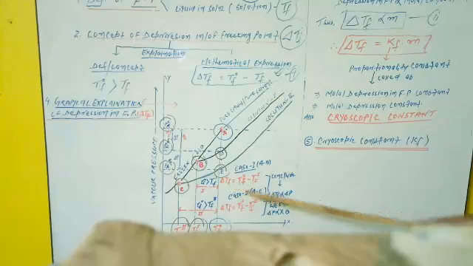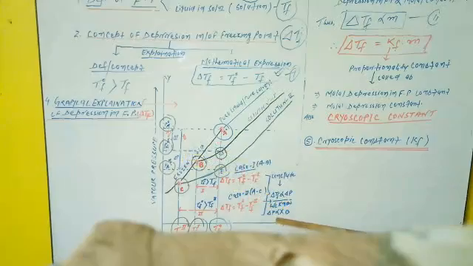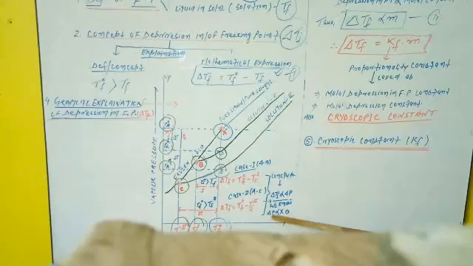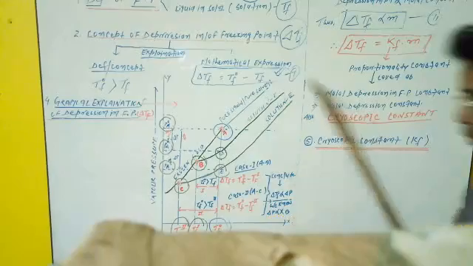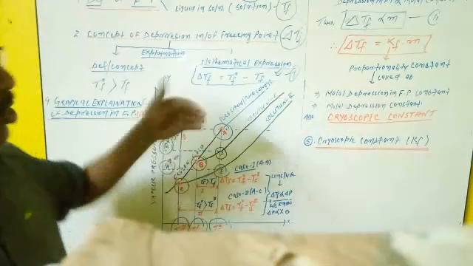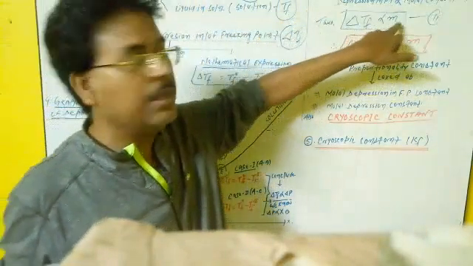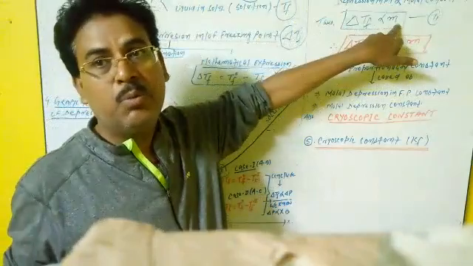So on the basis of this, we conclude that delta TF is directly proportional to delta P, and we also know from the relation of relative lowering of vapor pressure and mole fraction of the non-volatile solute, delta P is directly proportional to chi B. So these two relations help us establish the relation of delta TF directly proportional to molality.